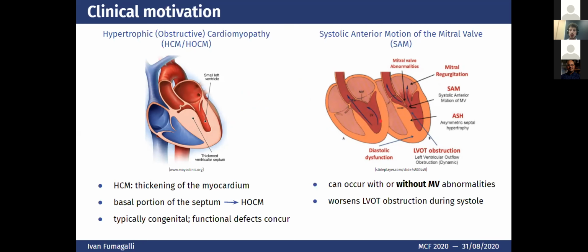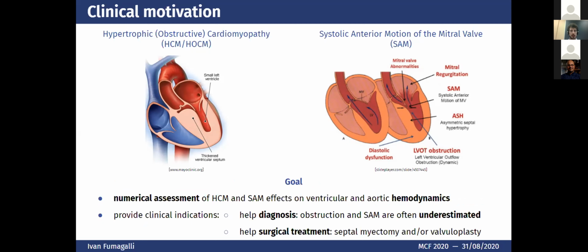This kind of situation can occur both in the case of abnormalities of the mitral valve, for example if there is a rupture of the chordae tendineae, but also it can happen in otherwise healthy mitral valves.